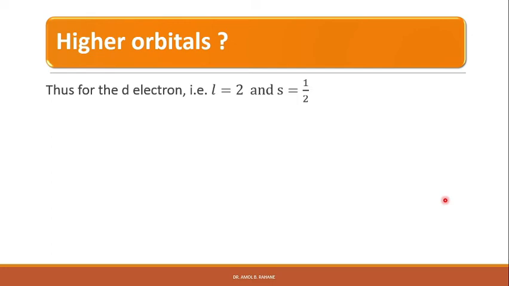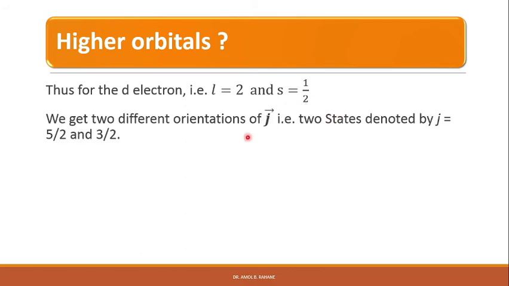Thus for the d electron, that is L equal to 2 and S equal to 1/2, we get two different orientations of J, that is two states denoted by J equal to 5/2 and 3/2. So L plus S is 5/2 and L minus S is 3/2.